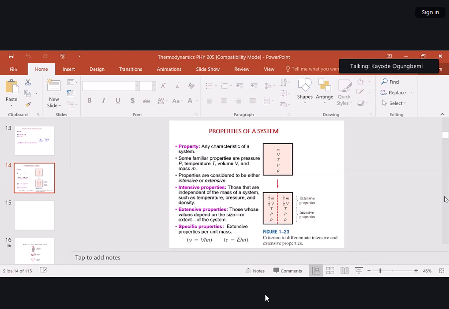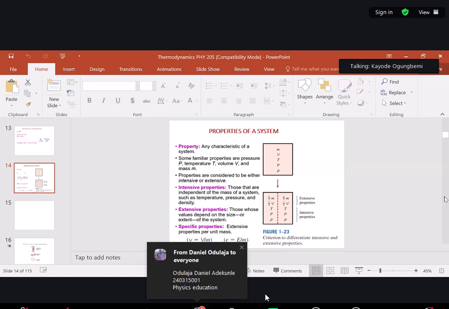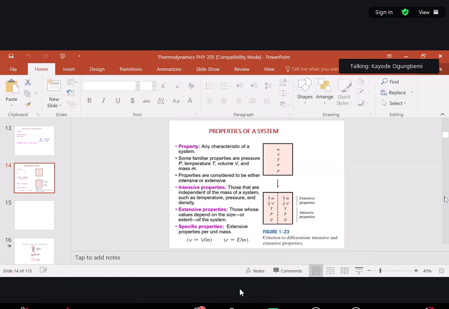Then extensive properties are those whose value depends on the size. When you talk about size, you're talking about the magnitude, how big it is, the size or extent of the system. So extensive properties are mass, volume, and so on and so forth.